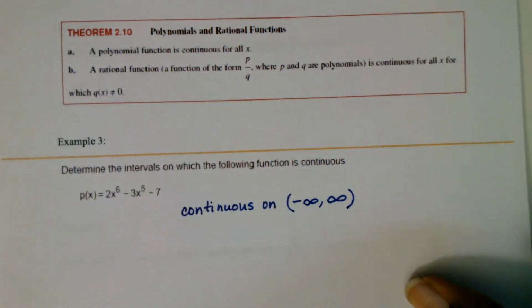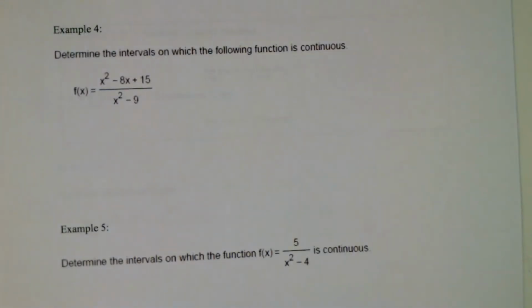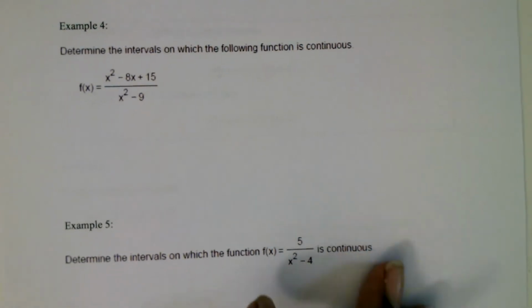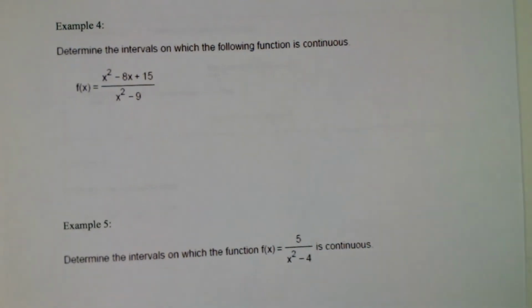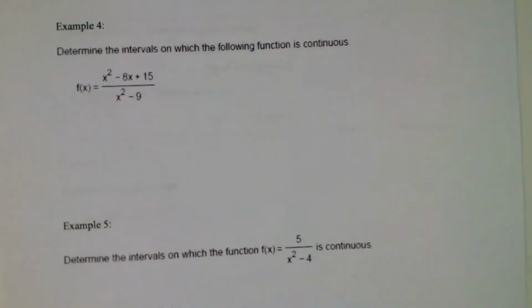Okay, now on the next page. Let's say we want to determine the intervals on which the following function is continuous. Here we got f of x is equal to x squared minus 8x plus 15 divided by x squared minus 9. This time we have a rational function. Here we have a numerator and a denominator, and we got the variable in the denominator.